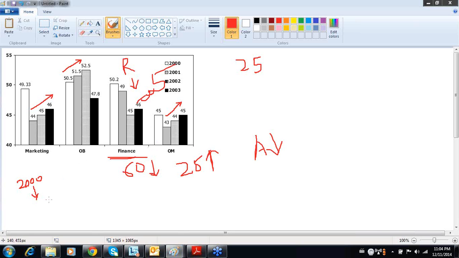So what is the total age in finance in the year 2000? It will be 50.2 into 5, which is 251.